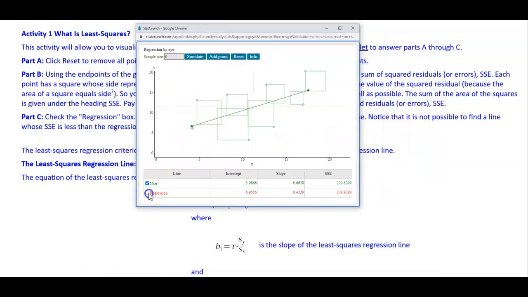So let's click on this, and you see there is the regression line. So regardless, this regression line is the best fit. No matter what, we're not going to get anything smaller than what that line is. So the regression line gives you the best fit, which is the one that's in red.